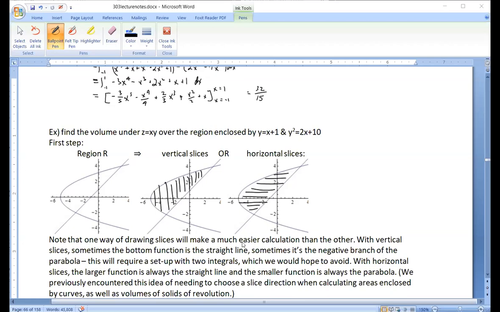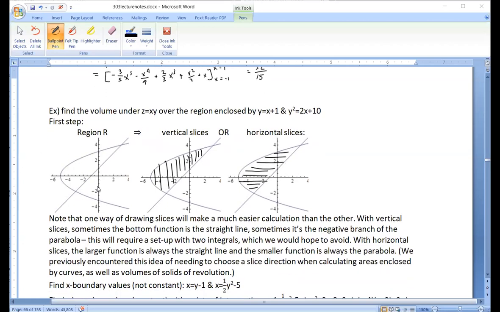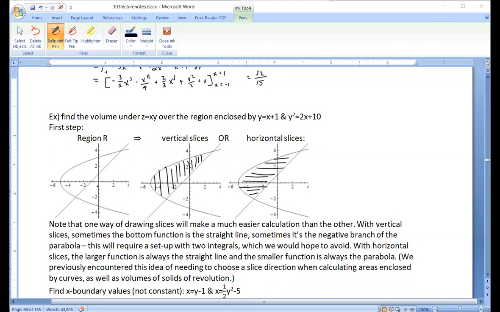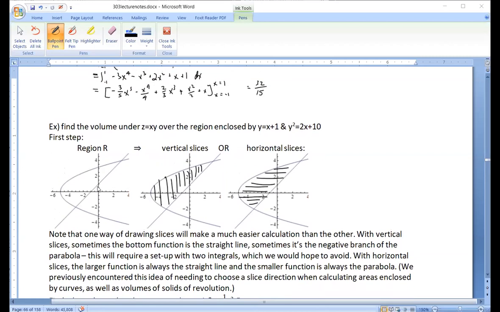So let's do it. When we slice that way, notice that the little width is delta y, which is going to become a dy. That's going to go on the outside.